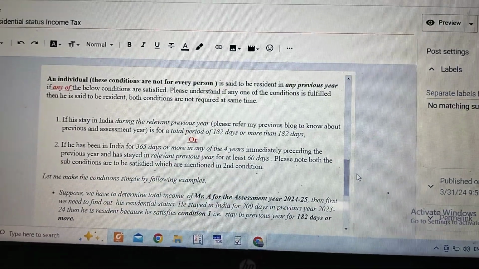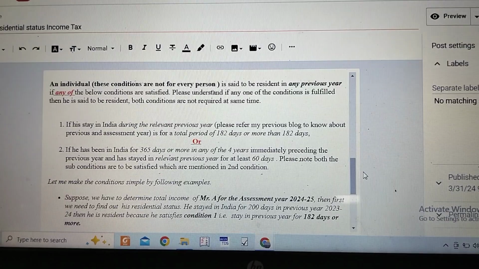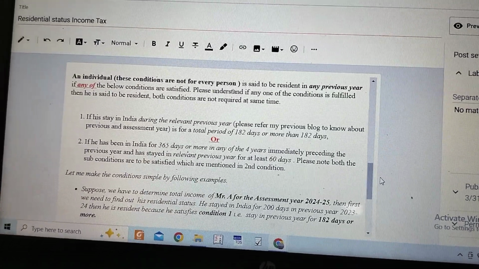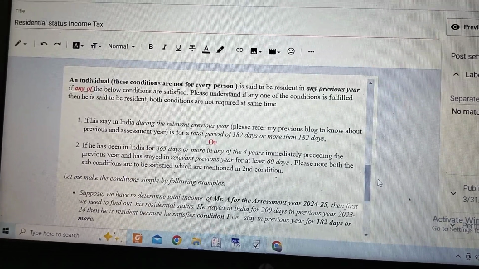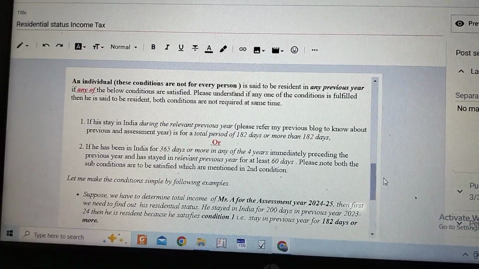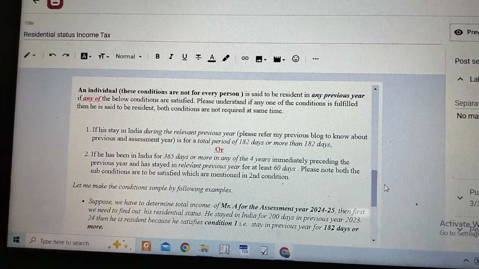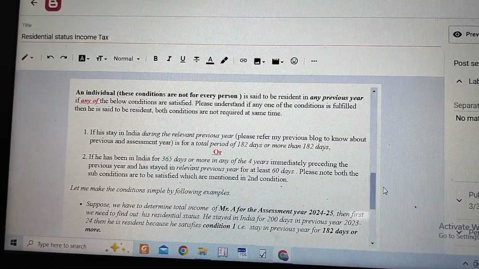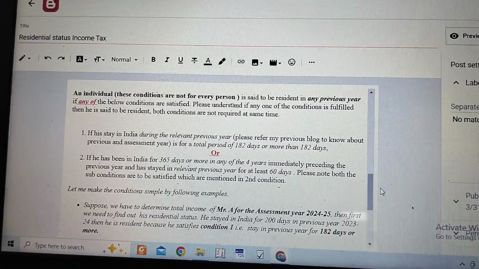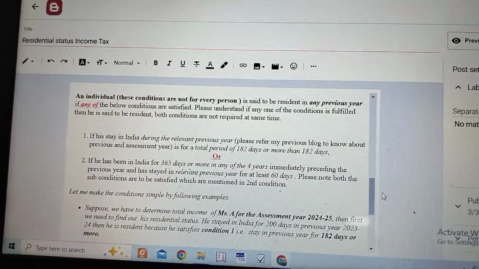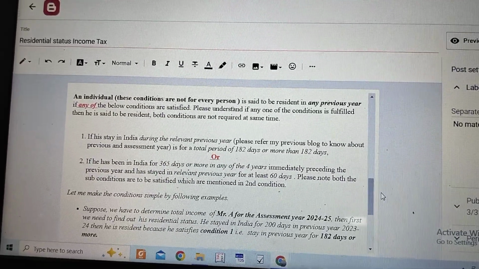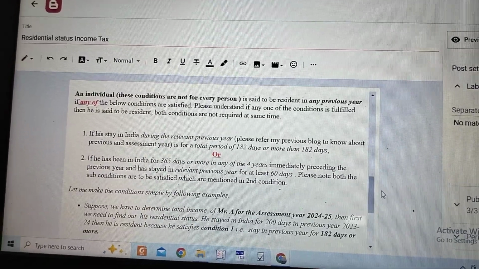So how will he determine what income is to be included and what is to be excluded? First he will find out whether he was resident, for tax purposes, as we are talking about residential status.